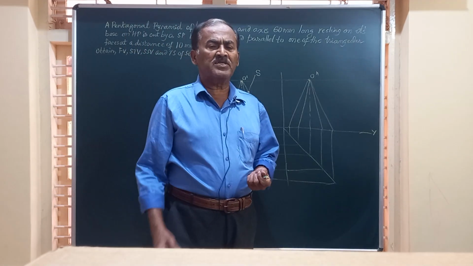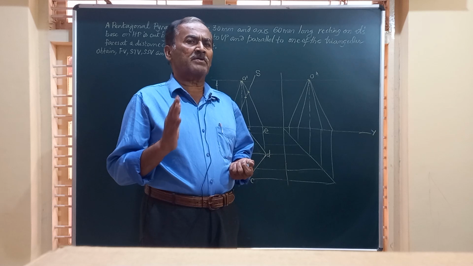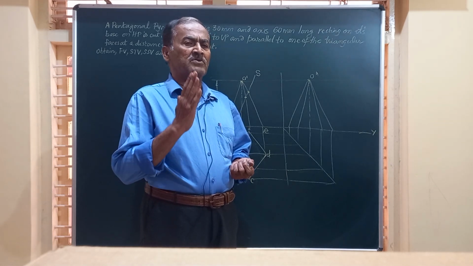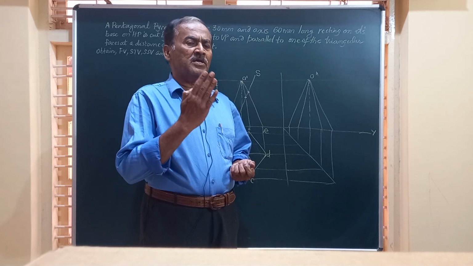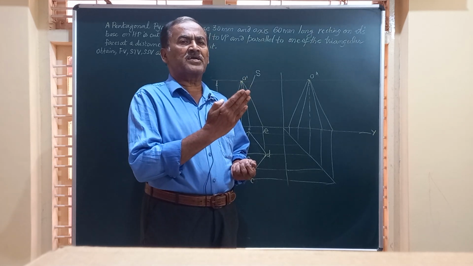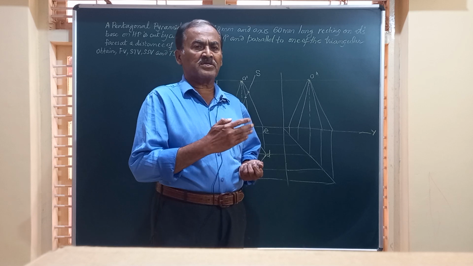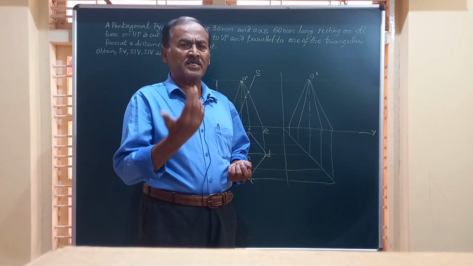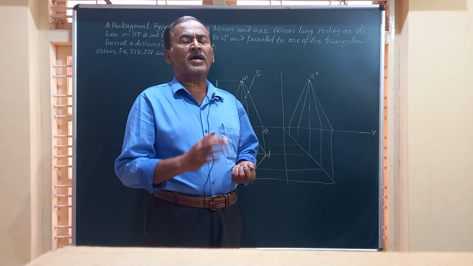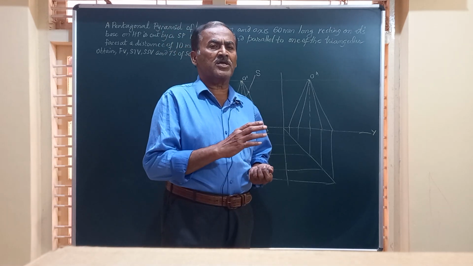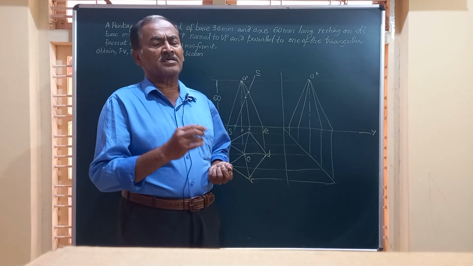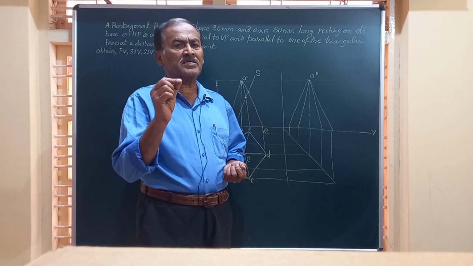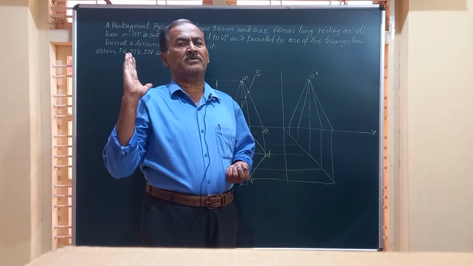Friends, basically in all the pyramids and prisms, whenever the section plane has to be parallel to a triangular face in case of pyramids, or parallel to a rectangular face in case of prisms, we have to place the object on HP such that that particular triangular face appears as a line in the front view.